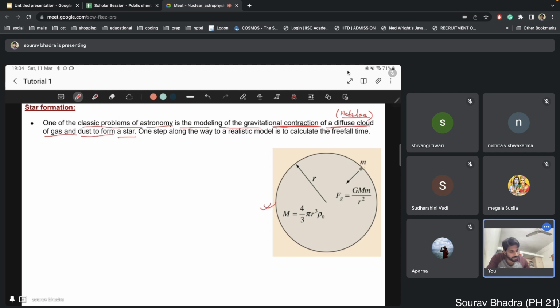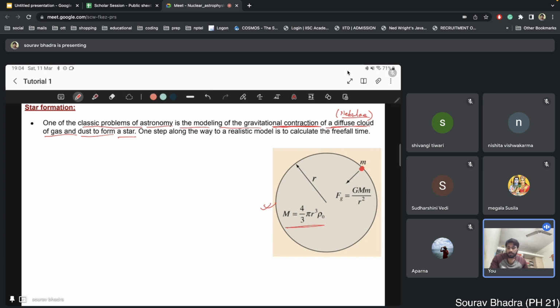Let us consider a particle, or object, of mass m at a distance of r from the center of the nebula, and the mass of the nebula is 4/3 pi r cube rho 0. Rho 0 is the density of the nebula.